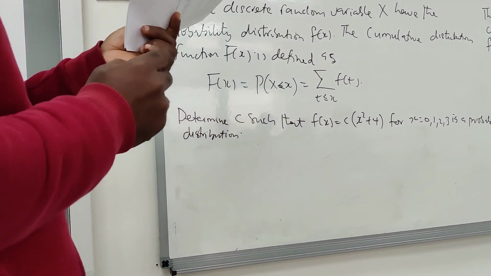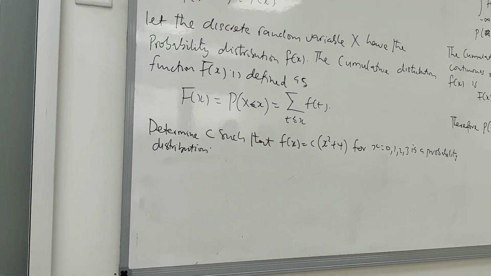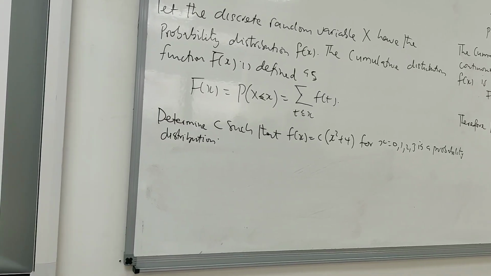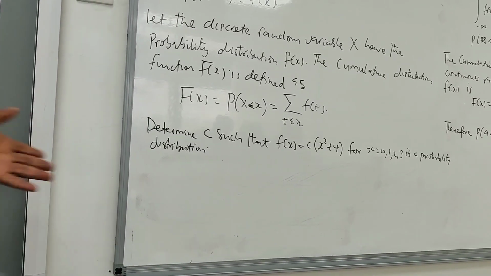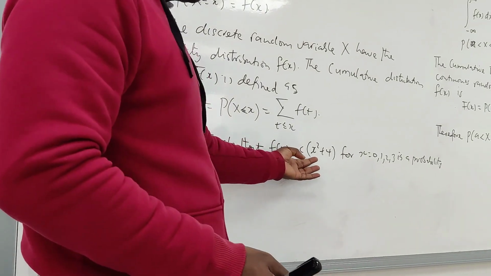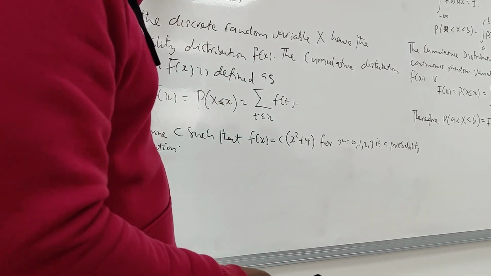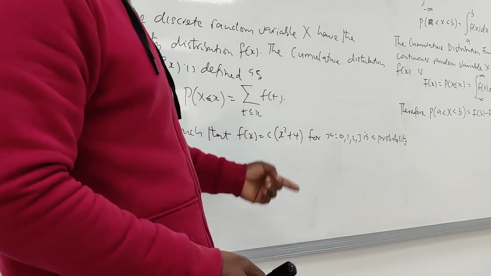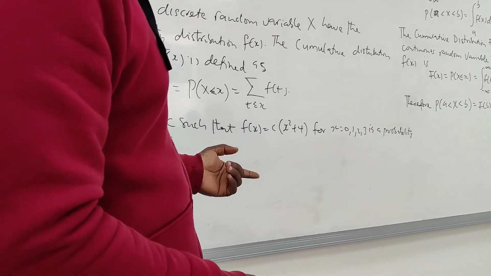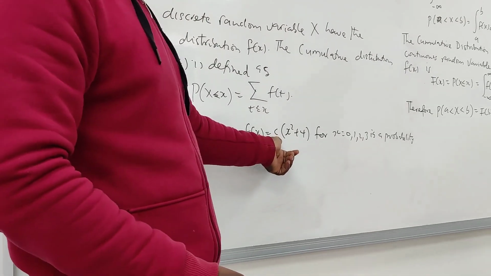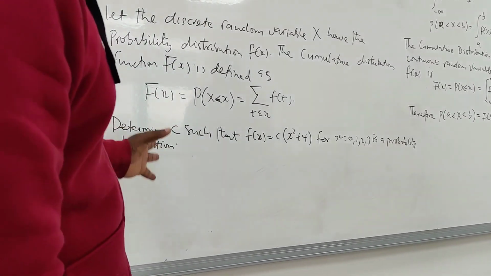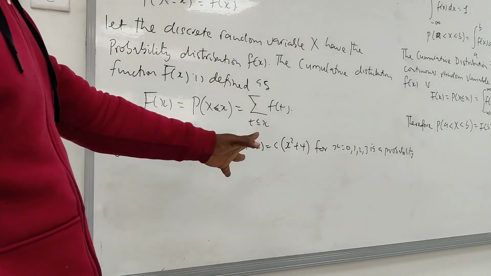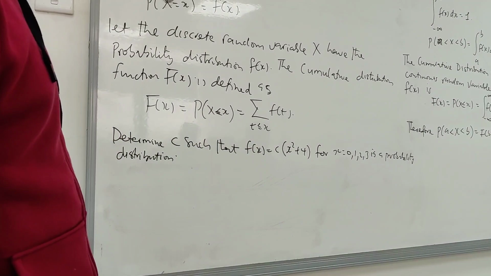So now, what is this question asking us to do? This question is asking us to determine the value of c. That's all. Given this probability function, this f of x, we have to determine the value of c. And don't forget, it's a discrete probability distribution question.